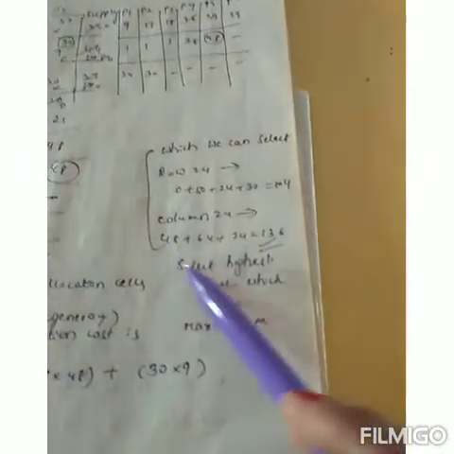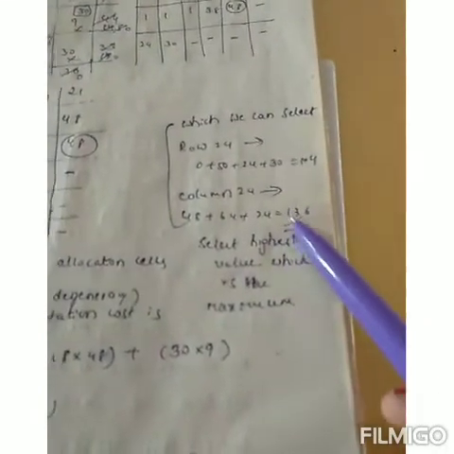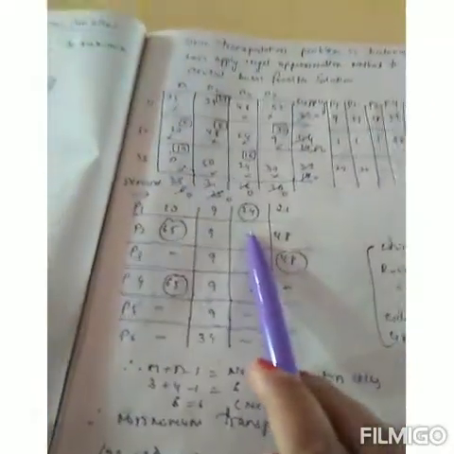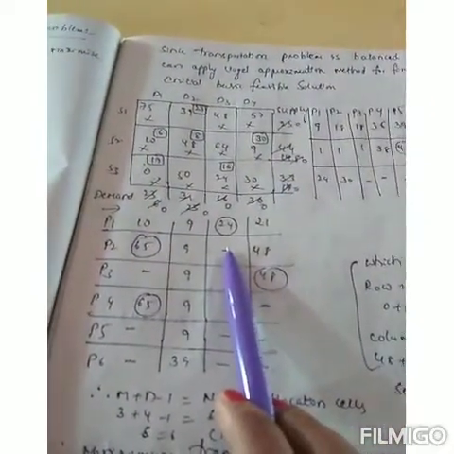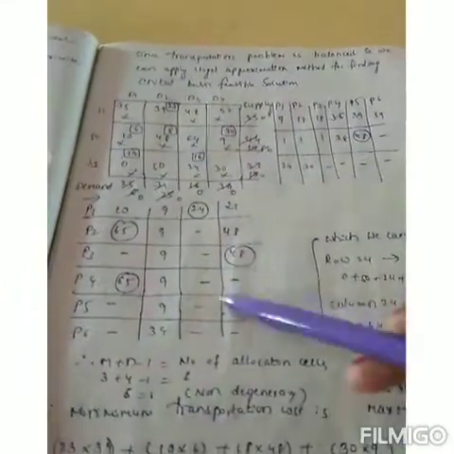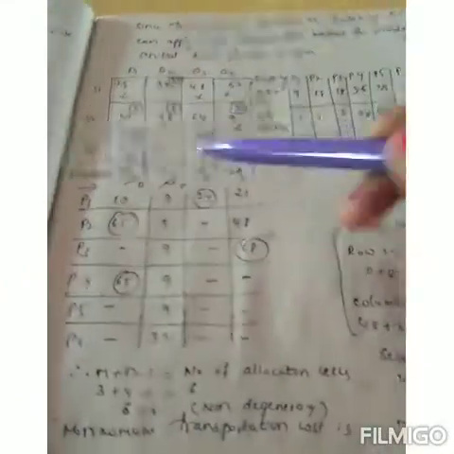Like that over here. So row wise 104 and column wise 136. You will select whichever is highest. So here 136 is highest and you will pick that 24. That is the way you can select if you have more than one of the same numbers. You do the problem and we get the allocation cells.